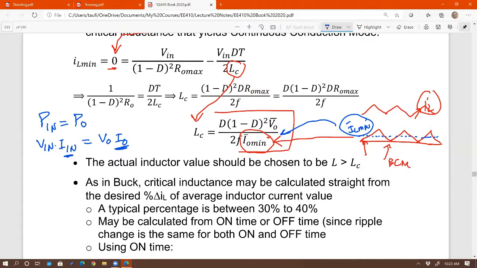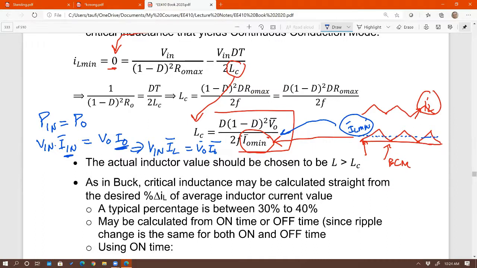We know that I in average for a boost is equal to IL average. So that equation is actually V in times IL average equals V out times I out average. See that? Does that answer your question? Yeah. So you're saying to use the IL min in that formula to get our I out min. That's correct. Got it.